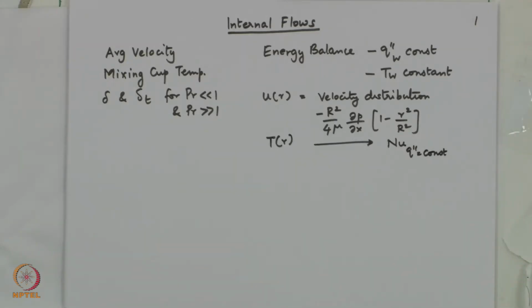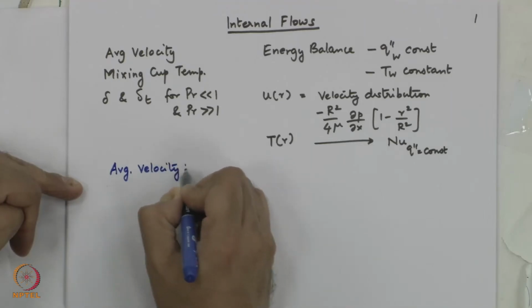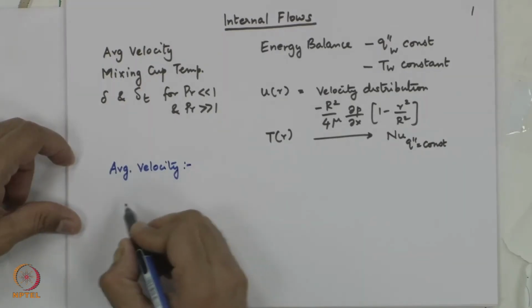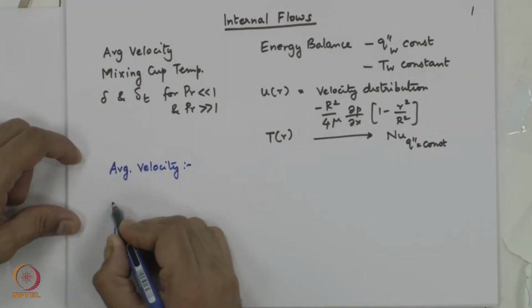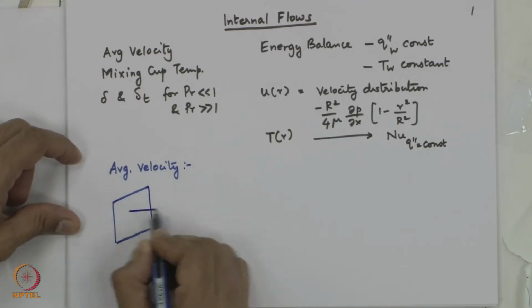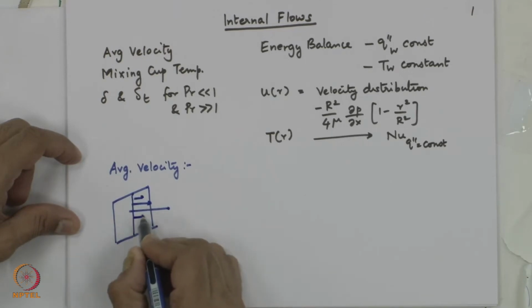So, let us first go through a few definitions, first being average velocity, which is used in fluid mechanics repeatedly. So, when you have a geometry, whether it is a circular pipe or any geometry, if I have a cross section which is like this, the velocity is going to vary such that you satisfy the no slip condition at the wall and proceed appropriately.